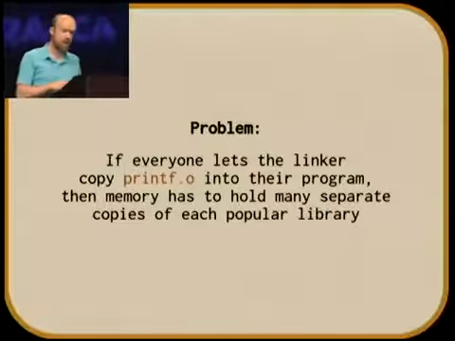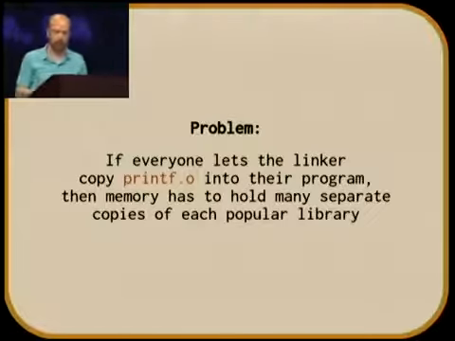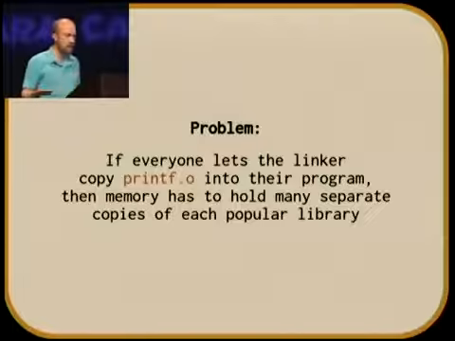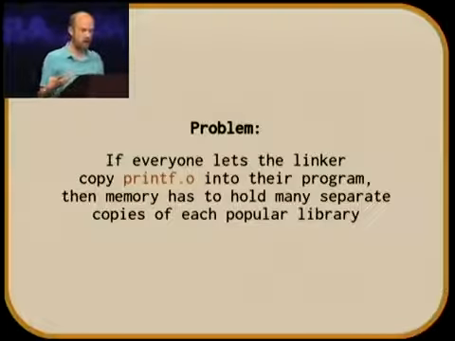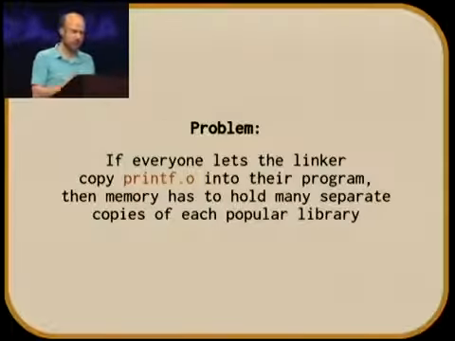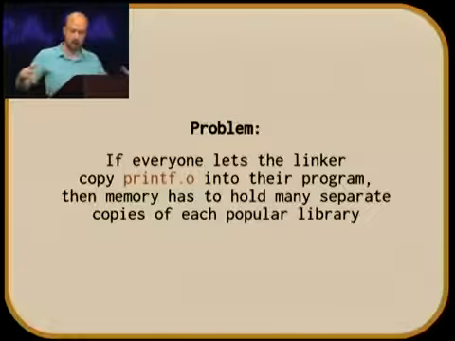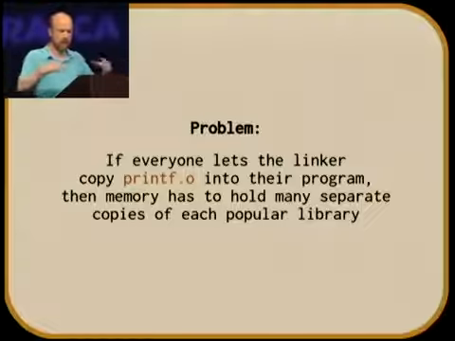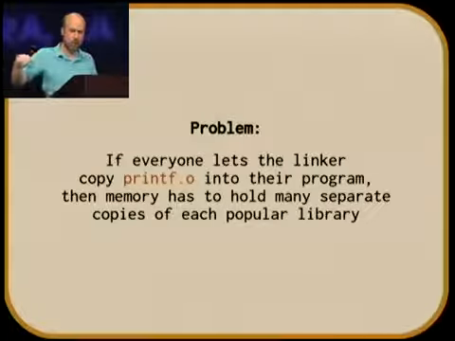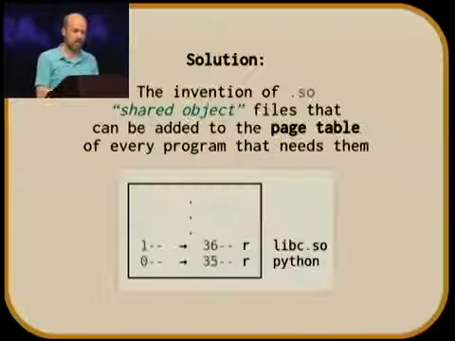And there was now a problem with computers running out of memory, especially back then, that if everyone lets the linker copy, say, a popular function everyone started to use called printf.o into their program, then when many programs are running at once, they'll all be using up some memory by having their own copy of printf.o.